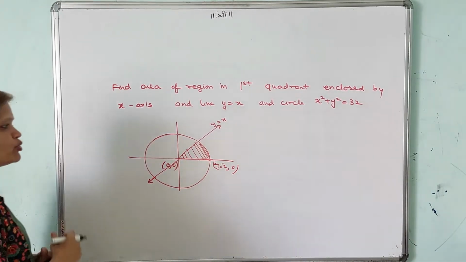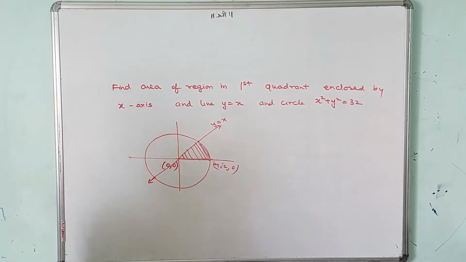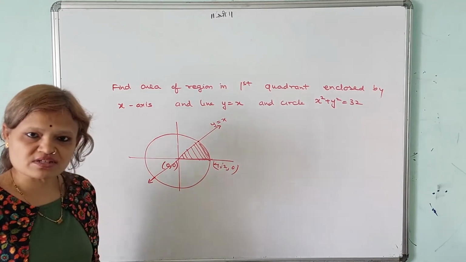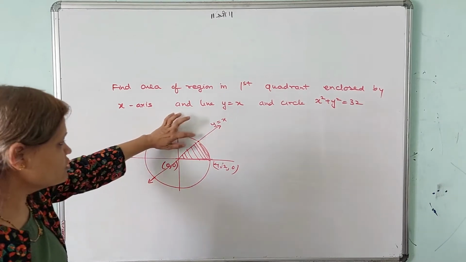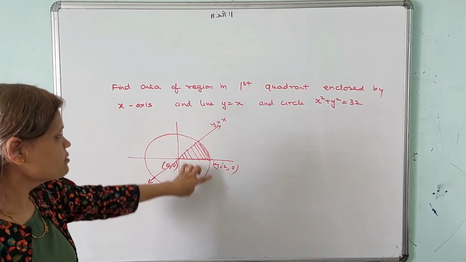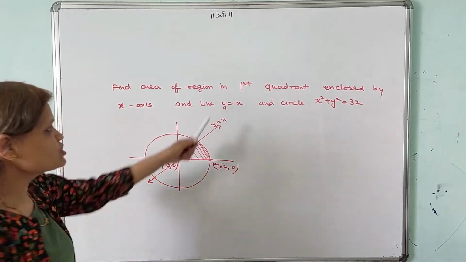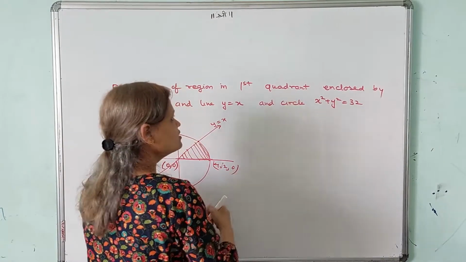Now one more important part is that we have to find the point of intersection of the line and the circle. In the first question it was just an ellipse and we knew that point, but here we should also find this point, at least the x coordinate, by solving this. So I will substitute y equal to x in the equation of the circle.